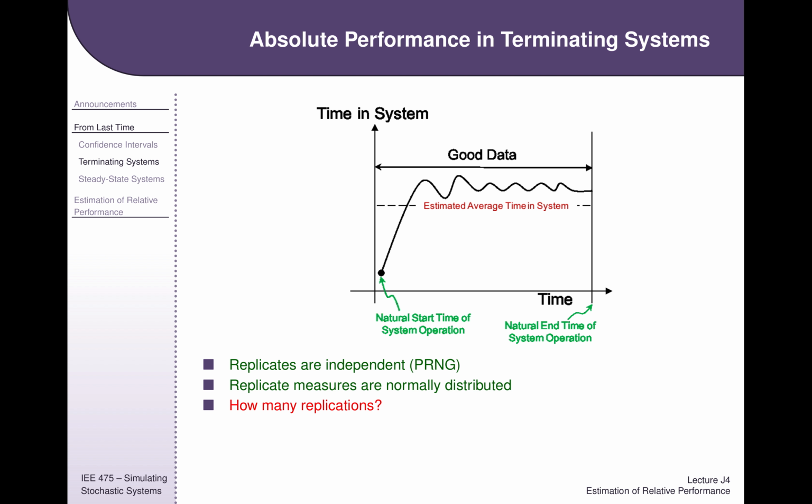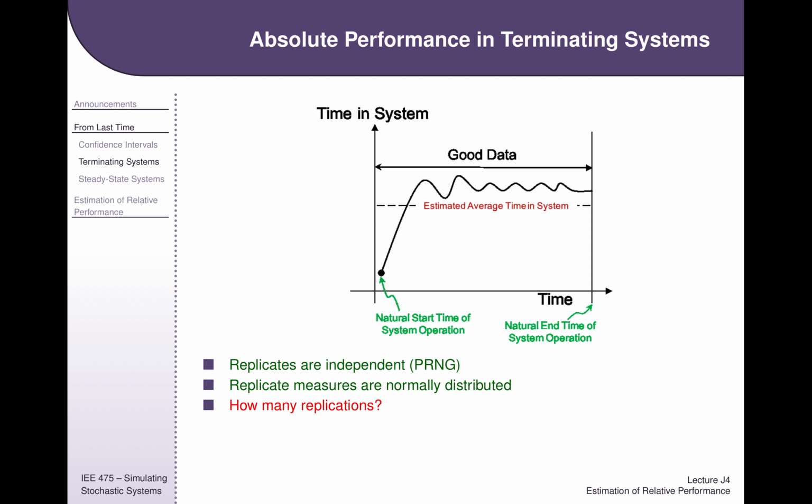So closing down Arena and rerunning it is not a good way to get independent data, because we're guaranteed that every time you start Arena, it's going to run all your sims with the same seed unless you take special precautions. And so we'll learn how to adjust the seeds in Arena very soon, coming up in a future lecture.